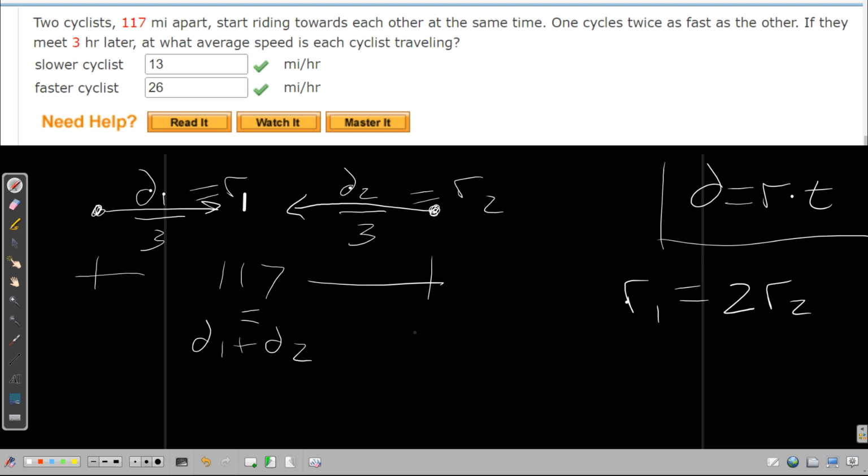Okay, then we can replace that R1 right there with 2 R2. So we would have that D1 over 3 is equal to 2 R2.